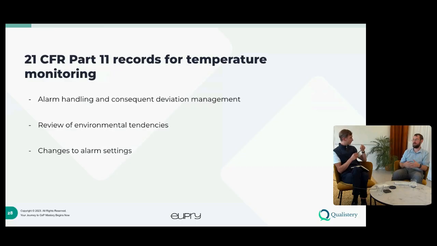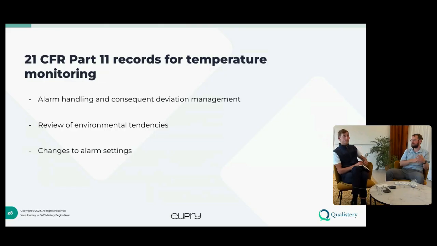You would write in the meaning and the type of the event. It could be review of environmental tendencies. So there's often a requirement to review tendencies that are critical process parameters. So that could be temperature, relative humidity, tons of other parameters, of course, as well. But review of those, if you needed a signature on review of those, would have to be Part 11 compliant.